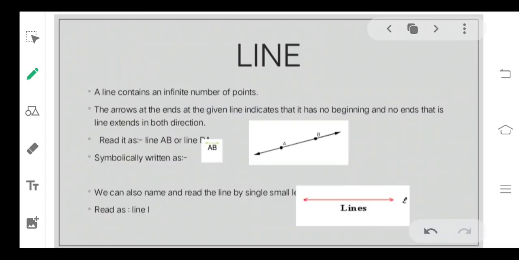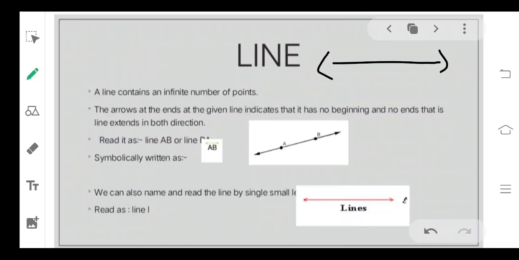Now we are going to learn about line. A line contains an infinite number of points. Students, the arrows at the ends of the given line indicate that it has no beginning and no end. The line extends in both directions.